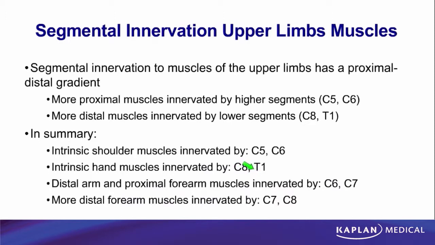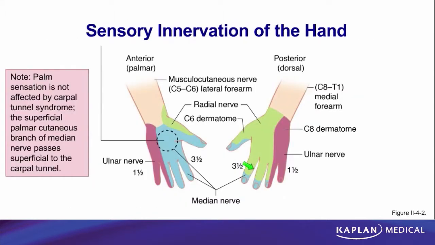Okay? All right. One other thing we want to know in order to analyze lesions is a little bit about cutaneous sensory innervation. And clinically, the only really important part of the upper limb for cutaneous sensation is the hand, because after all, that's what people use for feeling things, is the hand.